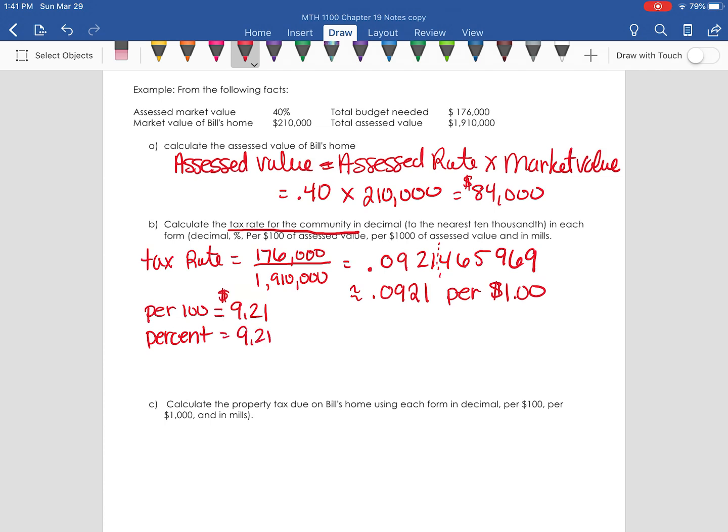Percent is going to be 9.21% because these are always going to be the same. And then per 1,000, we're going to move the original value over 3 places, which would give us 92.1. And then in mils, it would be 92.1 because these will always be the same. So these are all the different ways that we could represent the tax rate in this particular community.